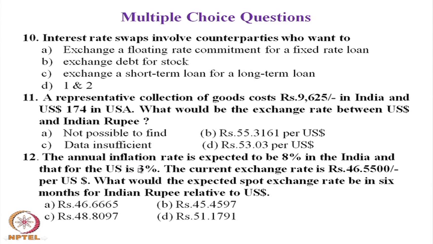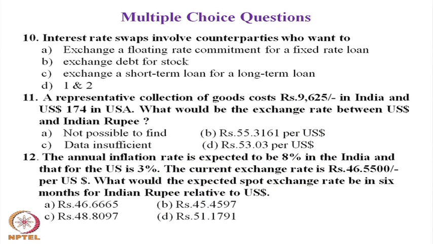Here you have to use what we discussed in earlier classes, the international Fisher effect. The interest rate differential reflects the future spot. So, what is the interest rate differential between India and US? India is 8%, US is 3%, the differential is 5%. The rupee will depreciate accordingly.